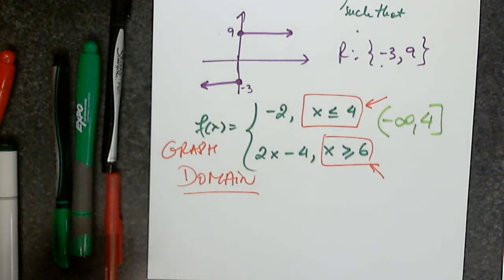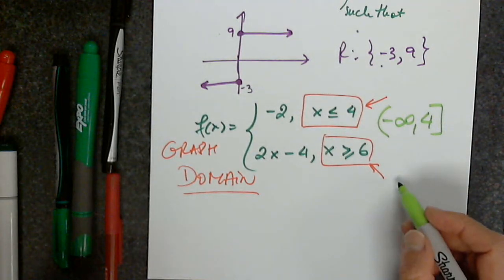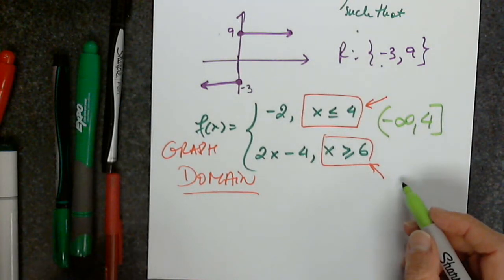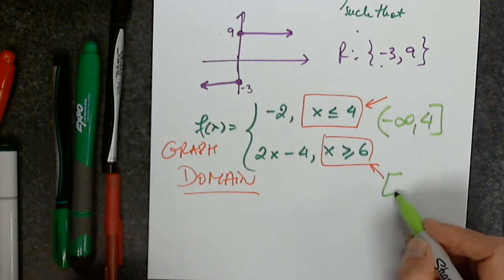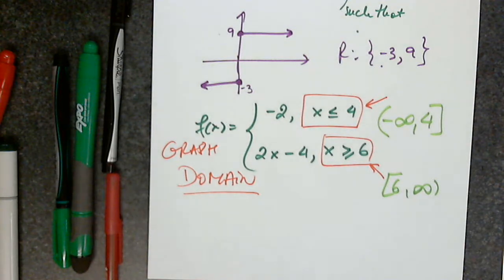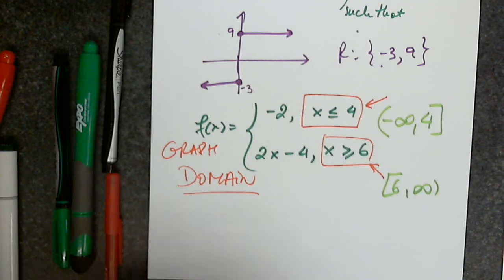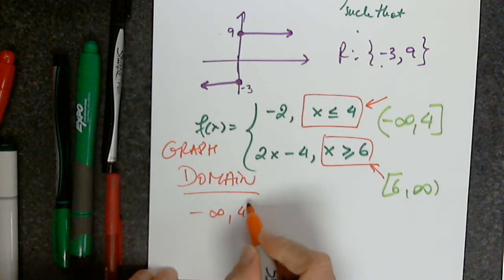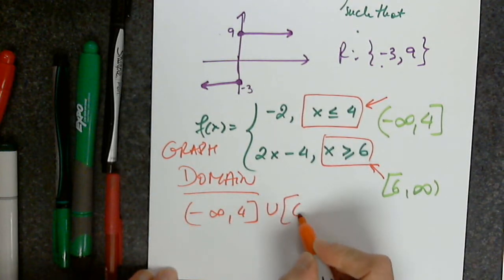What about the other one? Excellent. Okay, now let's analyze these two and say, yes, this function has all real numbers, or no, this function has not all real numbers as domain. What do we conclude? Does it or it does not have all real numbers? It does not. So the domain is negative infinity to 4, union 6 to infinity.